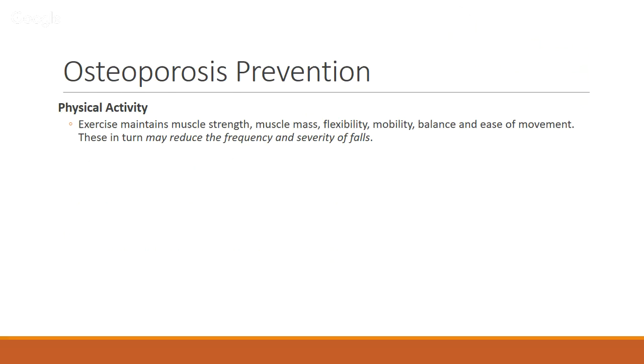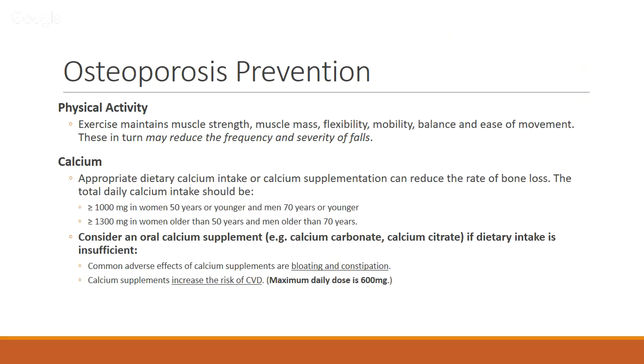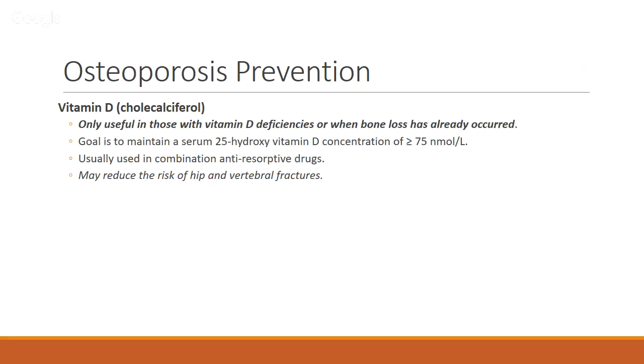So for osteoporosis prevention, physical activity helps a lot. Exercise helps a lot, but the key is to not do weight-bearing exercise because that might actually give you a fracture. And you can give calcium and vitamin D as well.